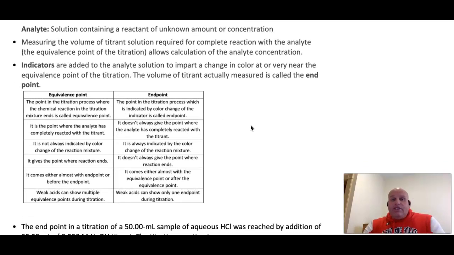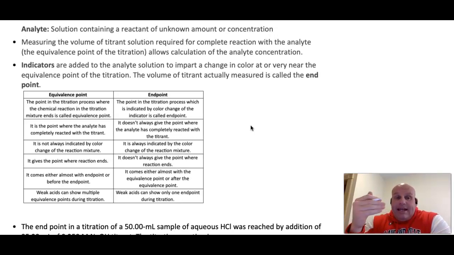I would like to quickly talk about the distinction between a couple terms that are somewhat interchangeable, but there is a distinction between the two, and that's equivalence point versus endpoint. So the idea here is, in a titration reaction, there's going to be a point that we reach where the concentrations of our two substances are the same, our acid and our base are the same, and we get that neutralization.